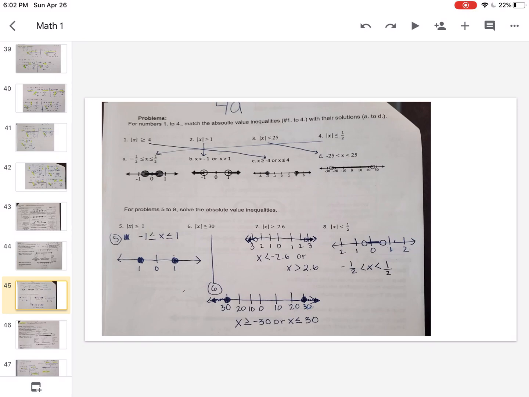Number 8, absolute value of x is less than 1/2. Okay, so you can see open circle on 1/2 on both sides, the negative and the positive side. Negative 1/2 is less than x. X is less than 1/2.